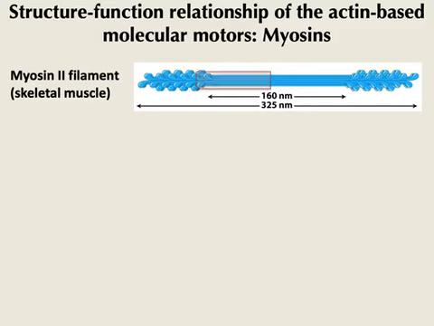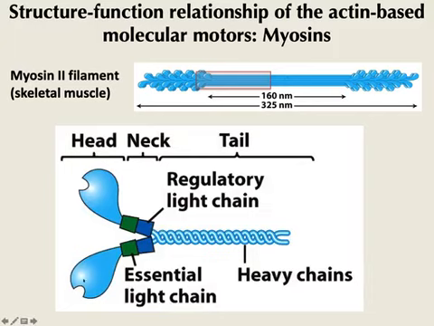And this comes from their structure. So you have typically two myosin heads attached together by their tail, and that's the heavy chain. So this is one protein, and this is one other protein. That's the key structure of myosins.